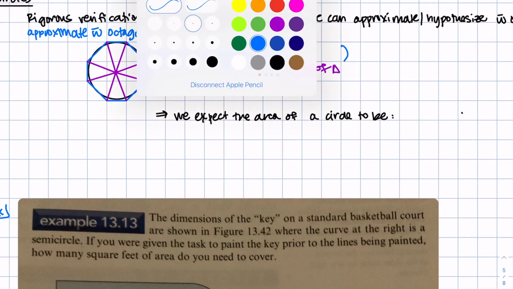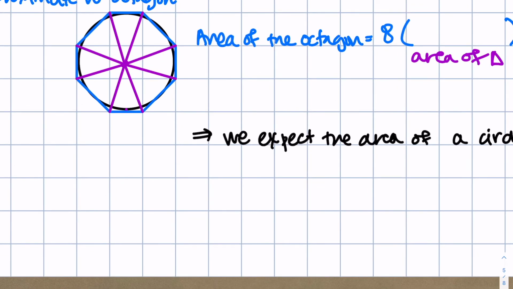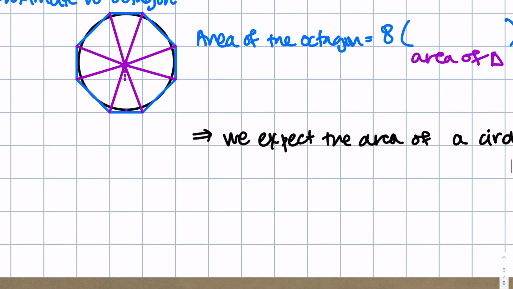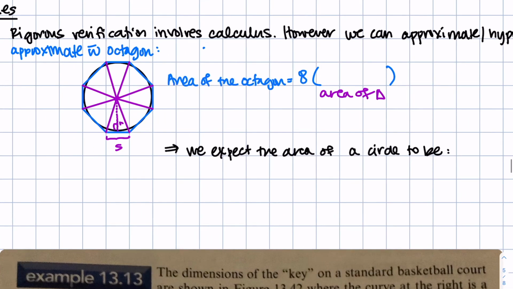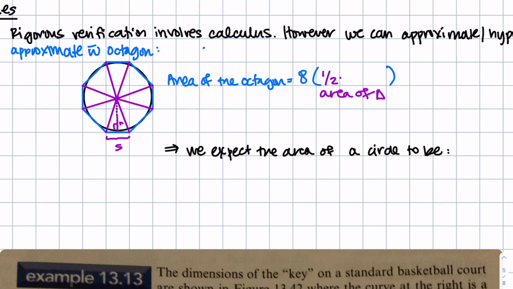And so let's find the area of one of these triangles. I'm going to zoom in a little bit just to get a better visual on this triangle. So I need the height, and that height, notice, is exactly going to be the radius of the circle. And I also need the base, which is the side length of this octagon. So the area of this triangle should be 1/2 times r times s.